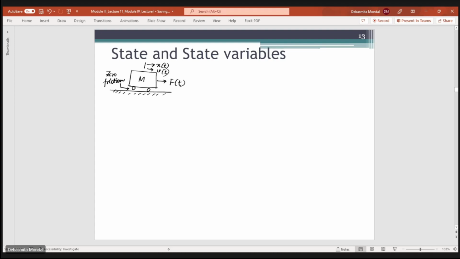For this system, my input is the force F(t), and the output of my system is the displacement x(t). This v(t) is basically the velocity of this mass, which is nothing but the derivative of x.